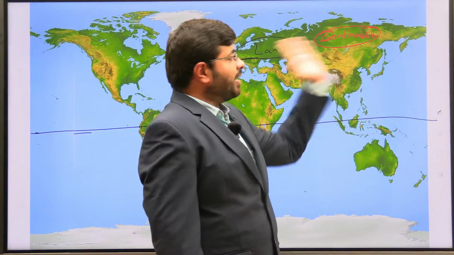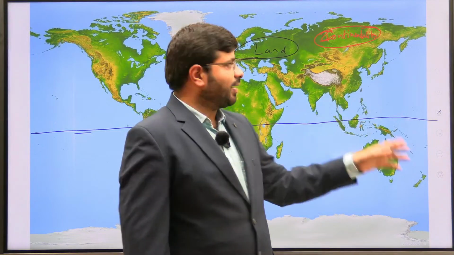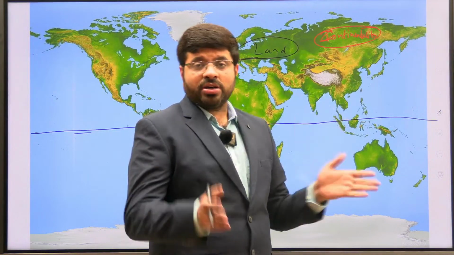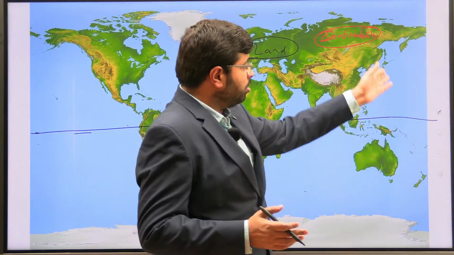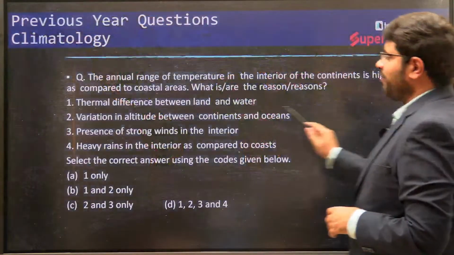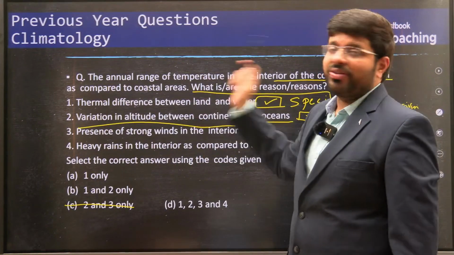But if there is an altitude variation here, say a mountain or a plateau, that is not an additional factor with respect to the difference from the coastline. That altitude in itself is a factor. It has nothing to do with the distance from the ocean. So the statement itself is right, but it is not the correct explanation for the given question.